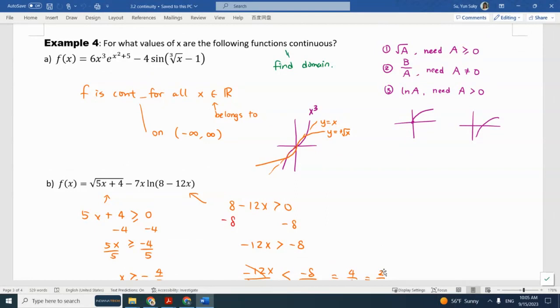If you see a fraction, your denominator cannot be 0. Do you care about the numerator of the fraction? No, the numerator could be anything. If you see natural log, we need the things inside the natural log to be positive. Remember? Good. All right, let's continue.